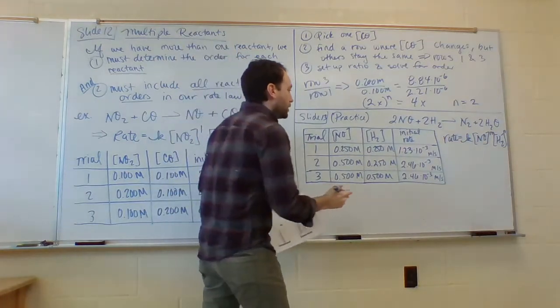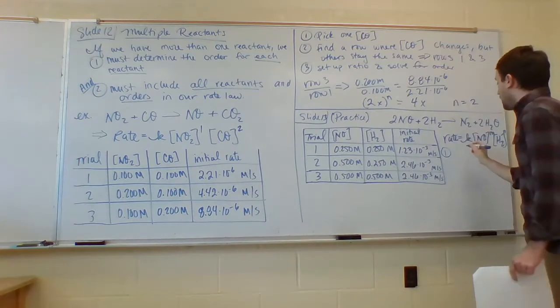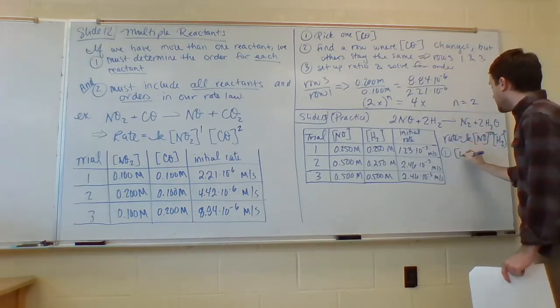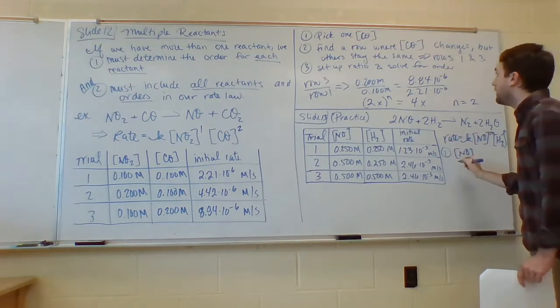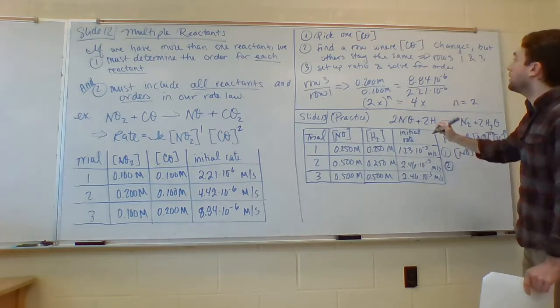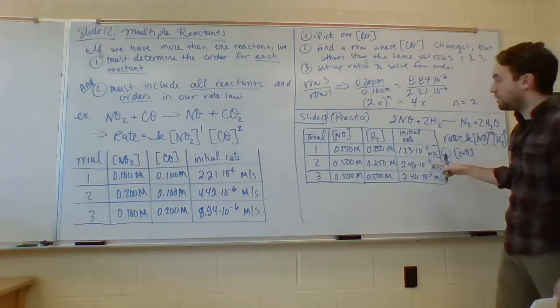Our first species working through the table is going to be NO. Then for our second step, we need to find rows where our NO changes, but the others stay the same.